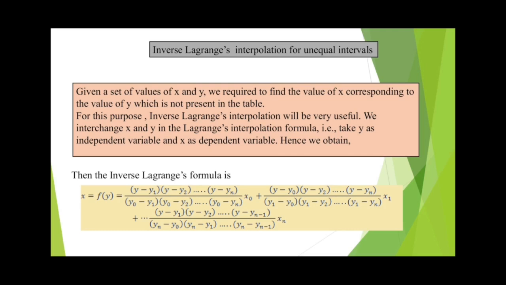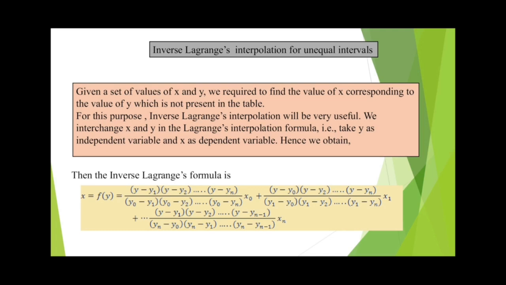To solve this problem, we simply interchange the roles of x and y in the Lagrange interpolation formula. That means instead of taking x as the independent variable, we take y as the independent variable and x becomes the dependent variable. By making this interchange, we obtain the inverse Lagrange's interpolation formula, which is shown at the bottom of the slide.